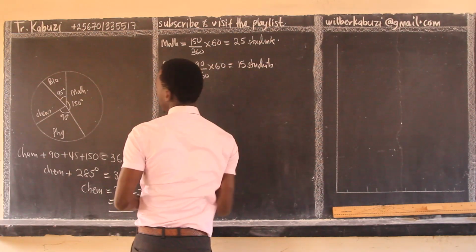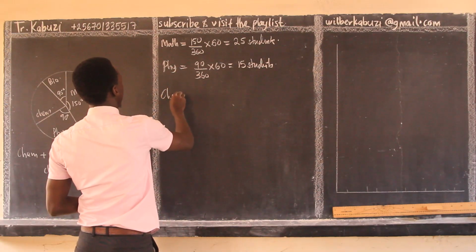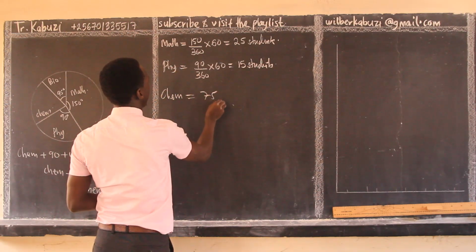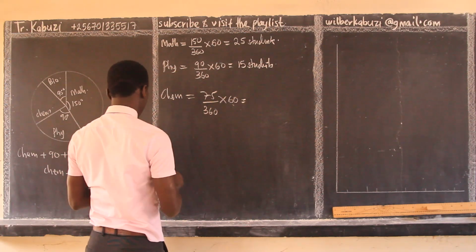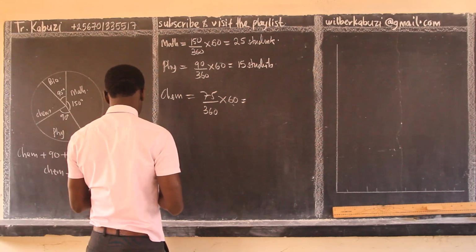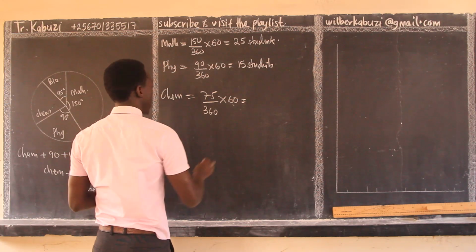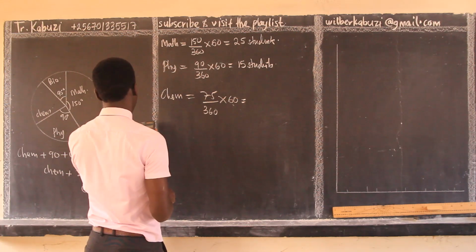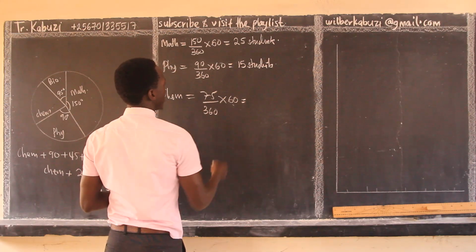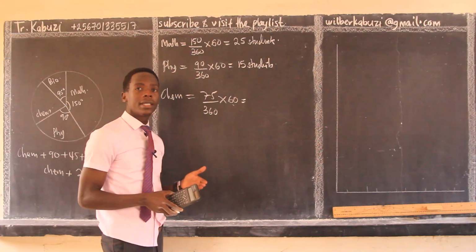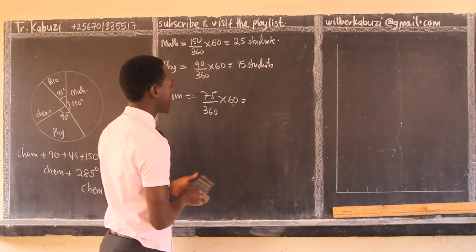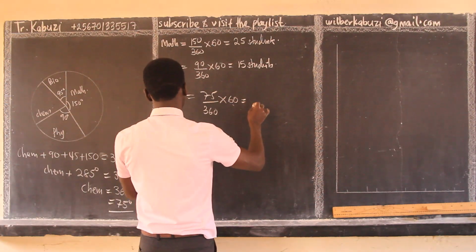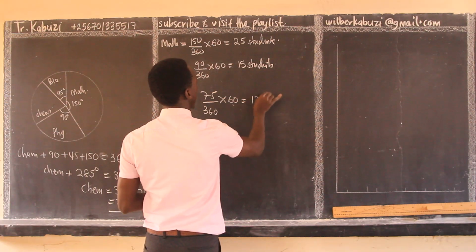Then we come to chemistry. Chem had 75 over the total degrees times the number of students. It has 13 students. Remember, we cannot have fractions of people there. So if it has 75, then times the 60, we have 13 students.